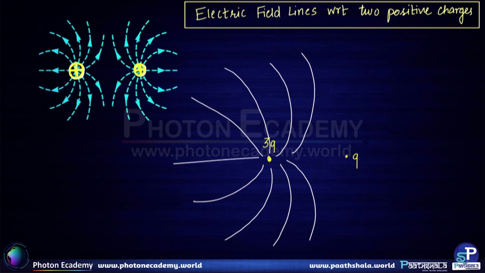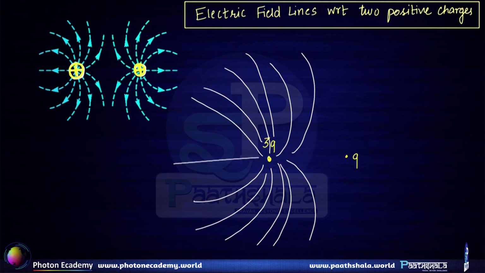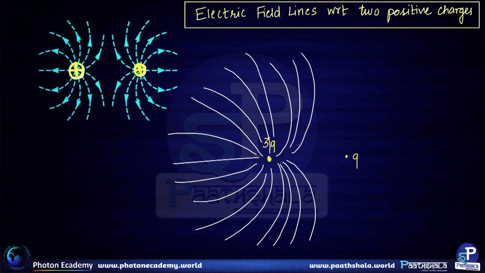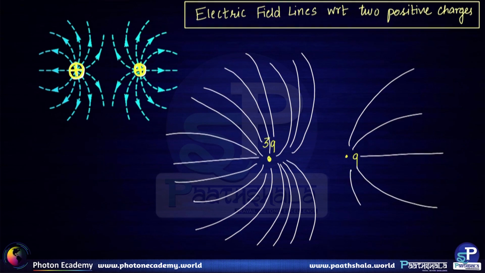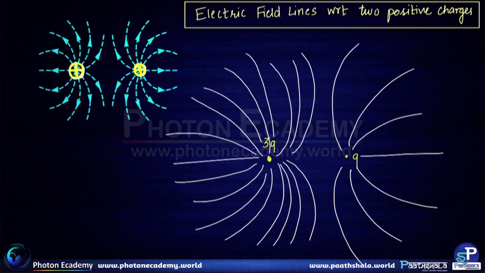More electric field lines will originate at the 3q point charge and fewer will originate at the plus q point charge, because the 3q point charge has a greater potency to create electric field lines. Of course, all the arrows are like this.